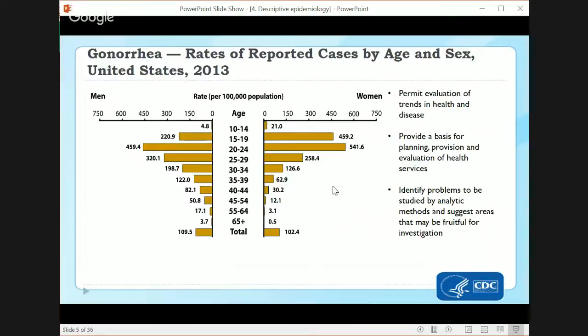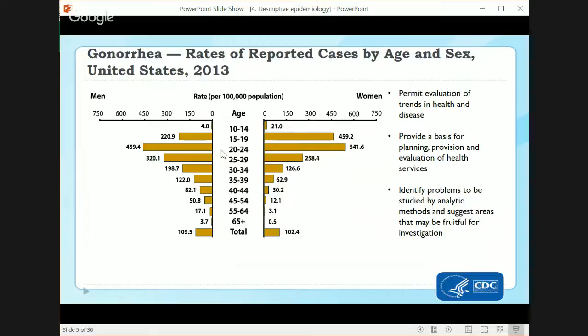To provide a basis for planning, provision, and evaluation of health services, if you looked at this slide, and this is what I was hoping you guys would start to think about with the gonorrhea and chlamydia question in your class assignment yesterday. What does this tell you if you're trying to provide services? Well, you know that 15 to 24-year-olds, I guess 15 to 29-year-olds, have the highest rates of gonorrhea.